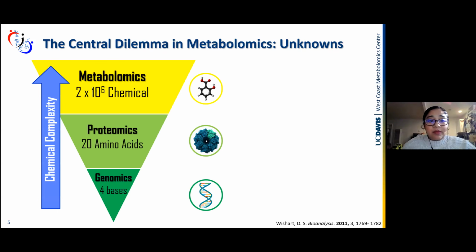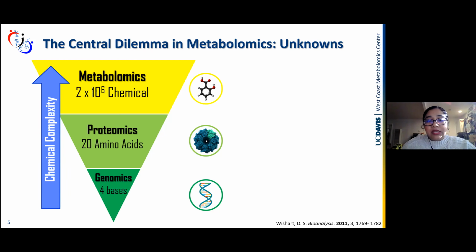So when we think about genomics, proteomics, and metabolomics, the chemical complexity increases as we enter the realm of metabolomics. So this is what causes the problems of having so many unknowns to be our central dilemma.